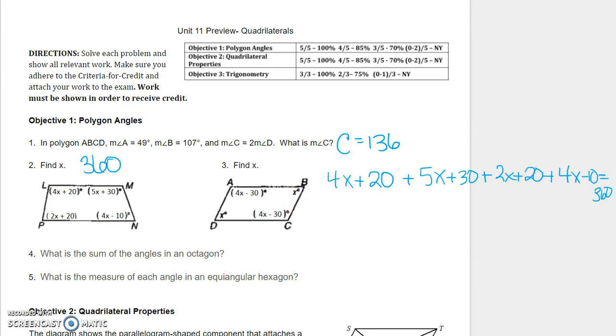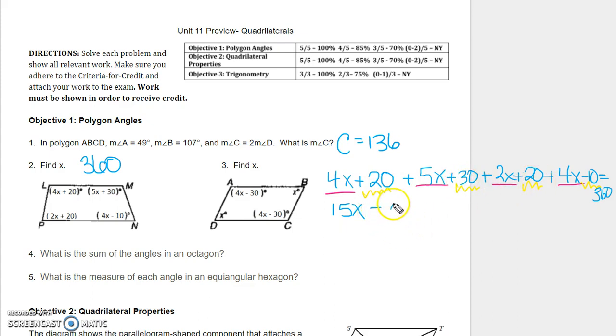Just like before, I'm going to combine like terms. This is algebra. I had most of you in algebra, so I know you can do this. Here are my numbers that I'm underlining in yellow. I'm going to combine my pink ones. 4 plus 5 is 9, plus 2 is 11, plus 4 is 15. So it combines to 15x. 20 and 30 is 50. 50 and 20 is 70.